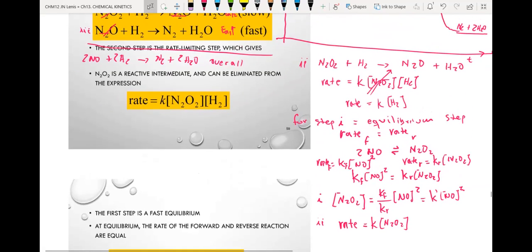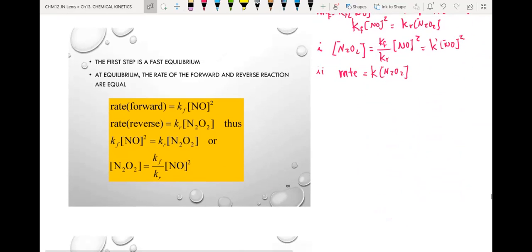Remember, we wanted to eliminate this first term of the rate law because this is not part of the overall reaction. That's why we did all this. So times H2.